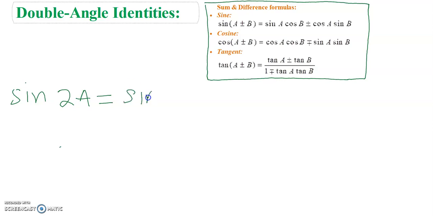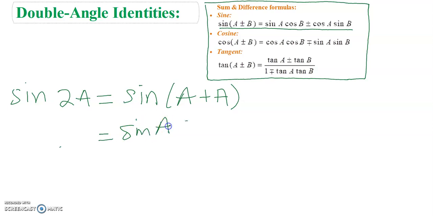So we end up with sine of a plus a. Now with our addition formula for sine up here, we can substitute for sine of a plus a, which will be sine a cos a plus cos a sine a.